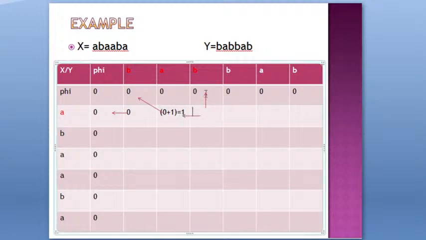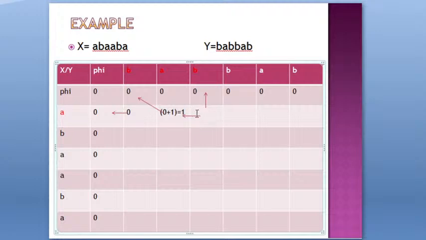This is my previous column value 0 and this is my previous row value 1. So what is the maximum between 0 and 1? 1. That is the reason I put 1 over here. So while putting the value over here, I am checking two things.